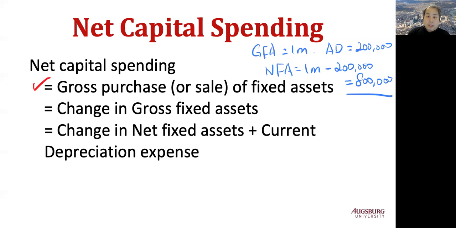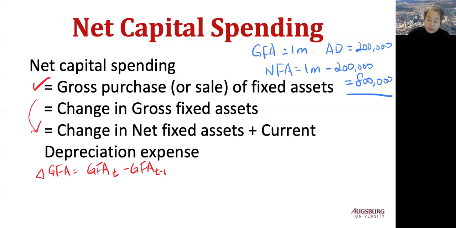The problem here is, in many cases you don't have this information, you only have net fixed asset information. Then we need to convert this formula a little differently, like this. The gross fixed asset changes, say T is the current year and T minus 1 is the last year.